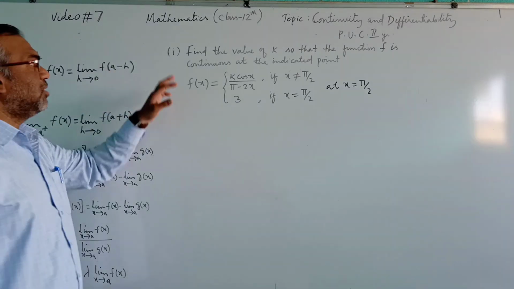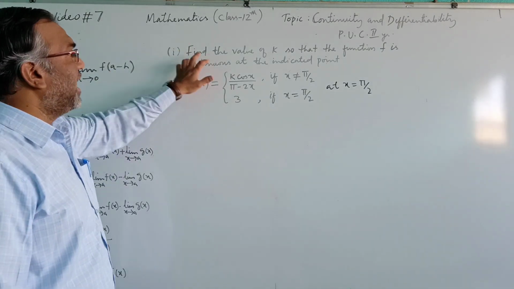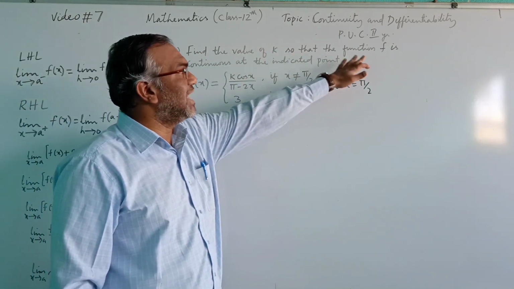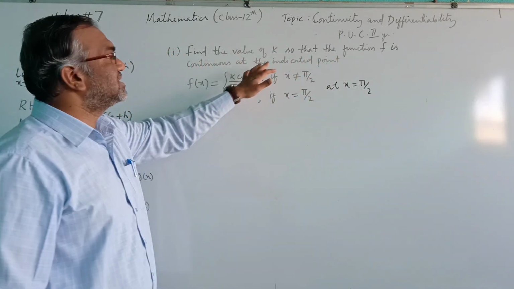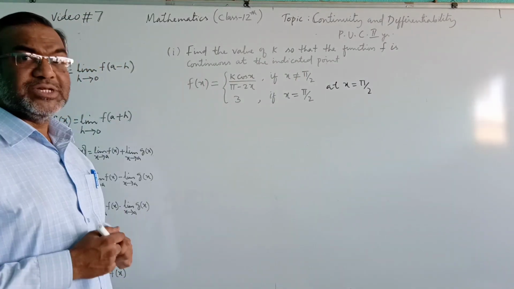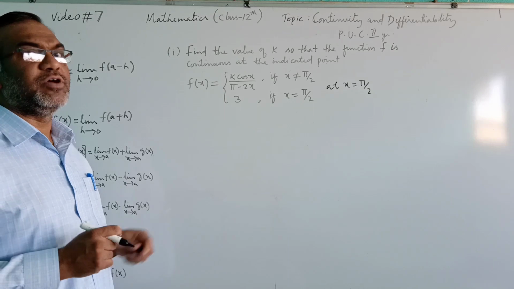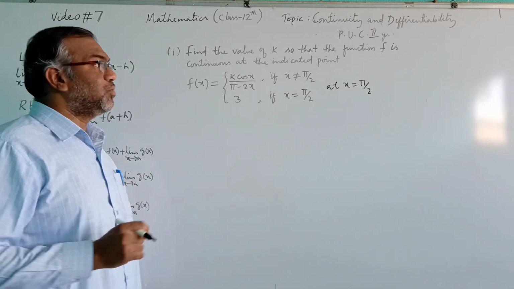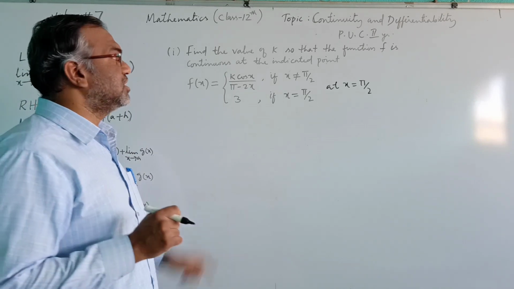Let's discuss our problem. The question says, find the value of k so that the function f is continuous at the indicated point. A function will be continuous only if there is a condition. For a continuous function, there is a condition. What is that condition?